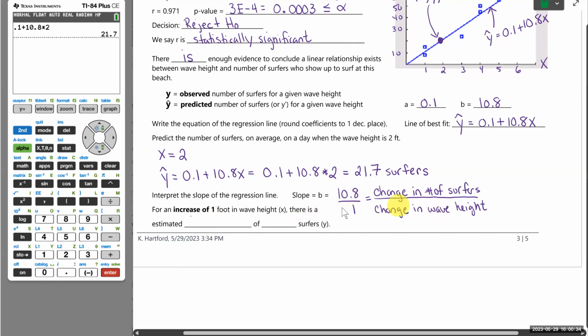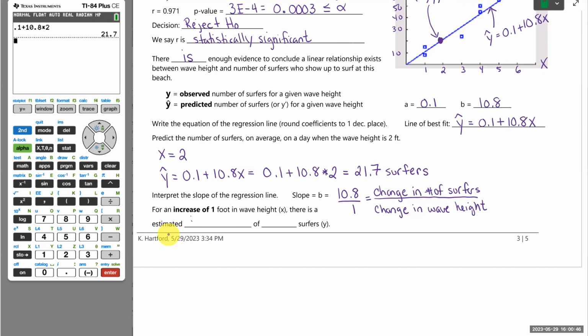So when the wave height increases by 1 foot, the slope here is a positive number. So if the slope is positive, then I would expect an increase. So if x goes up, y goes up for positive slope.